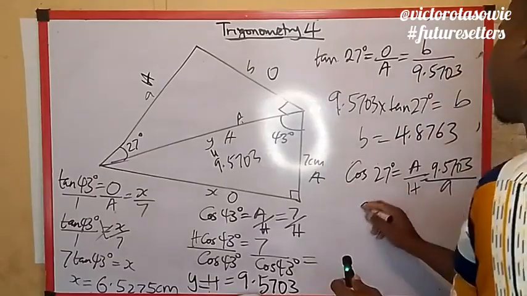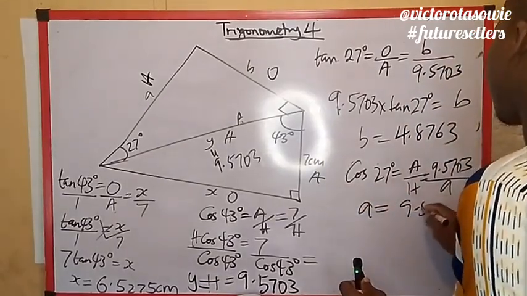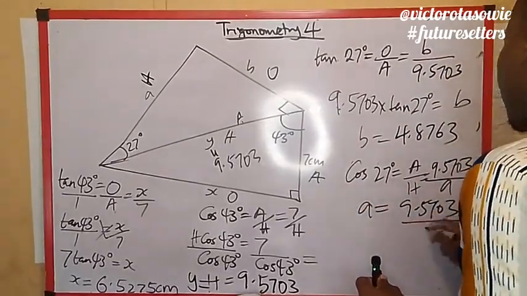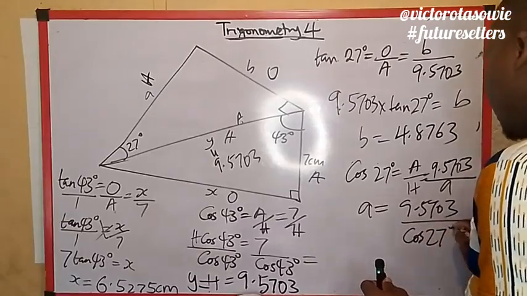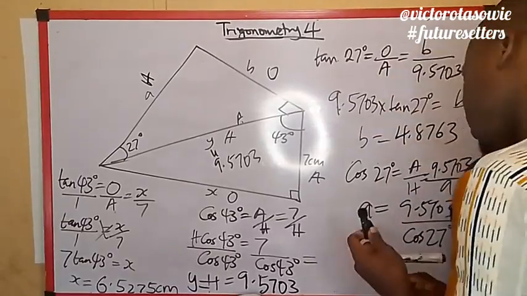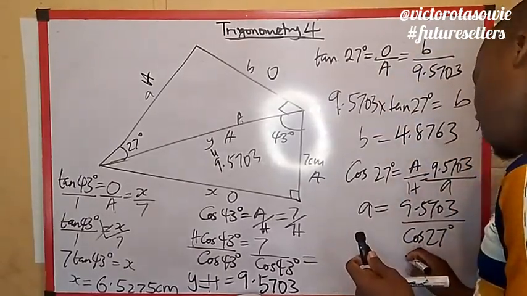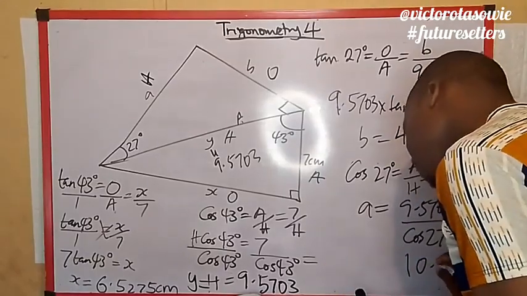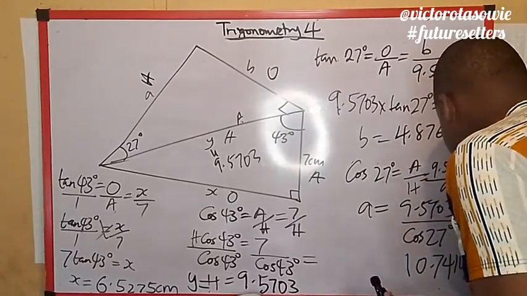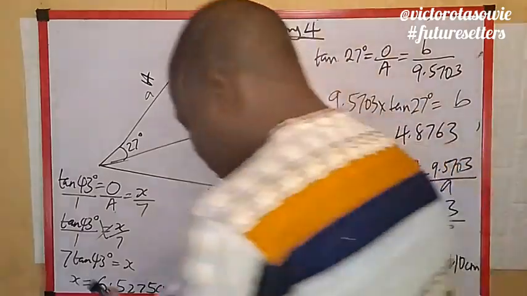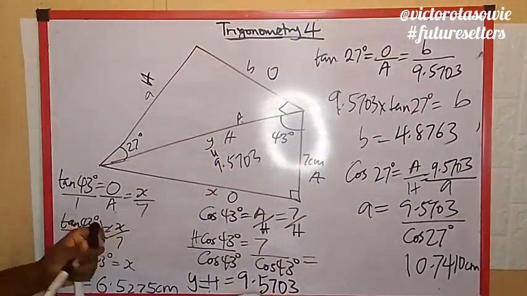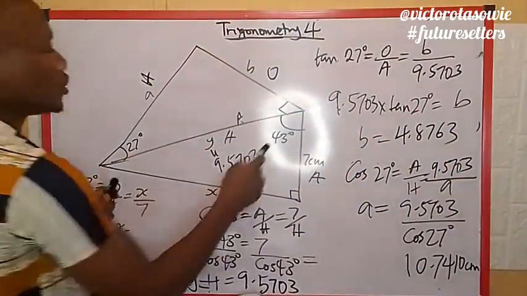So we get a equal to 9.5703 divided by cos 27 degrees. Now divide it, we'll be able to get 10.7410 centimeters.